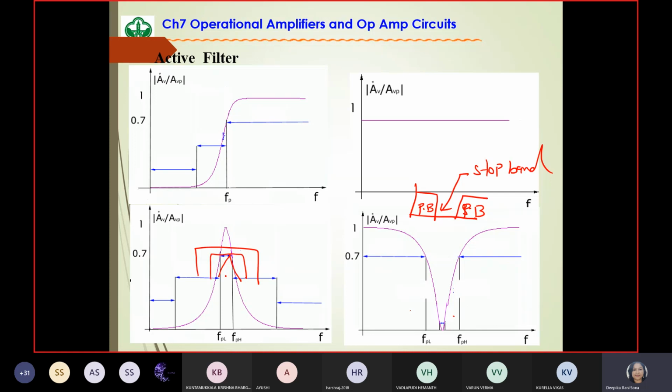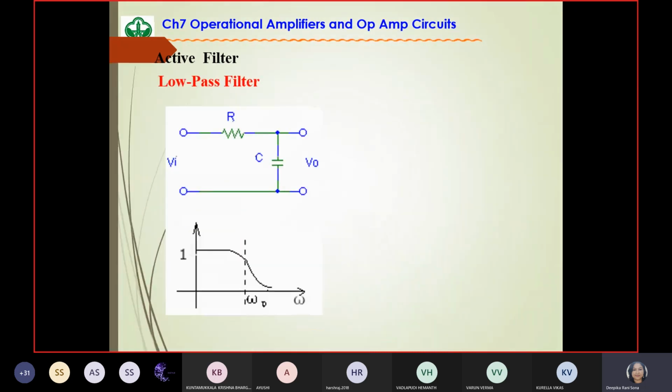If you change the capacitor value and your frequency, and also the other circuit parameters, the RC components, this depth depends upon the selection of RC components. So it is not only band pass, it may be wide band pass or narrow band pass, or wide band reject or narrow band reject or notch filter. Depending on those values you have to design your filter.